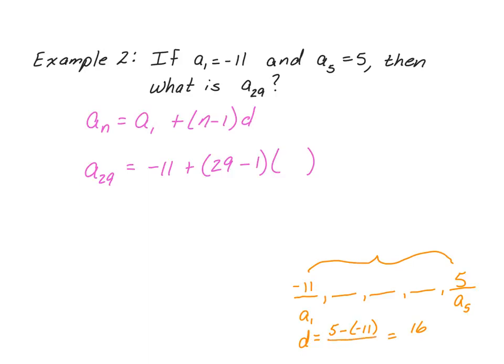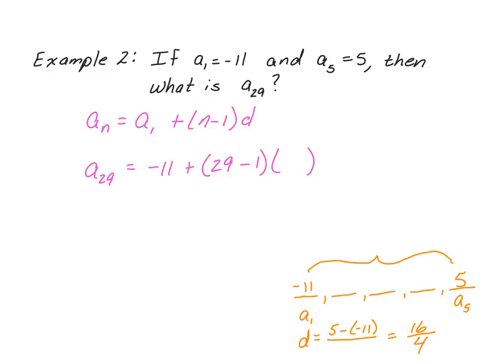Now, what we're going to do is take that 16 and divide it by the number of times we did that difference. So to go from here to here, we added once, twice, 3 times, and then 4 times. So that means we need to divide by 4.